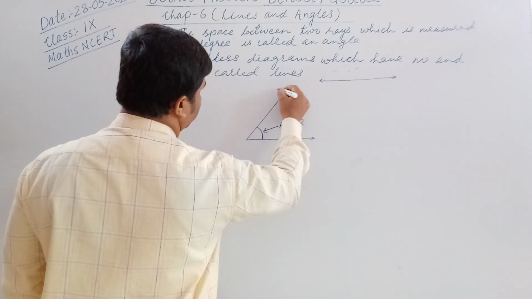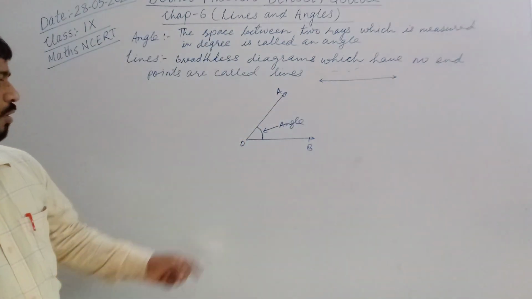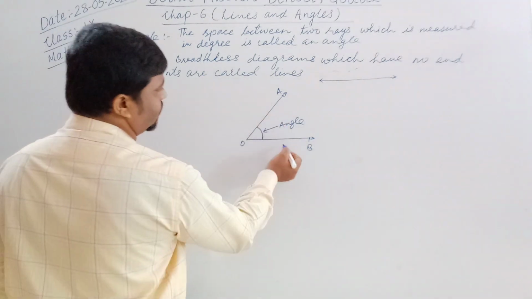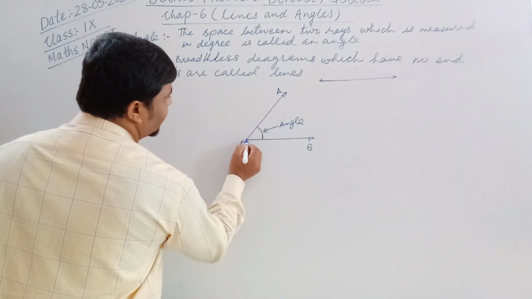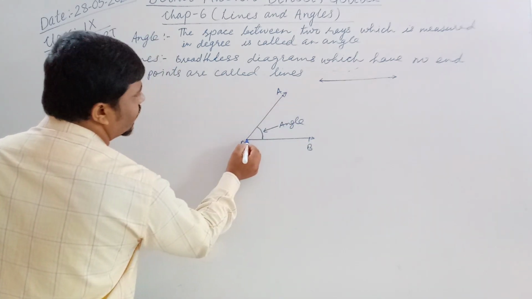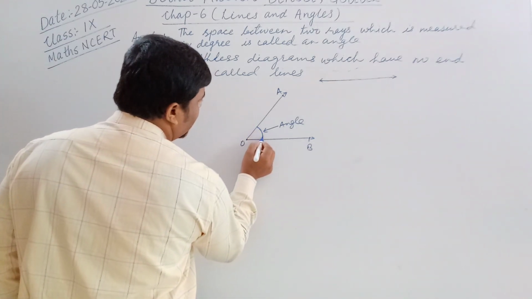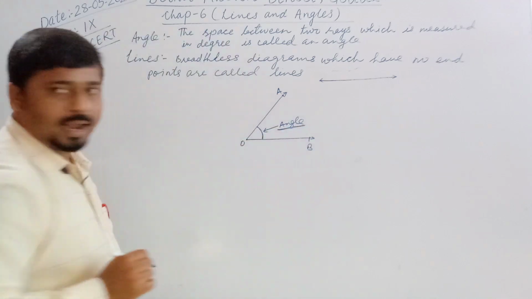You can label it A, O, B. These two rays have an initial point, meaning they intersect at this point O, and they are occupying this space. So this space is called an angle.